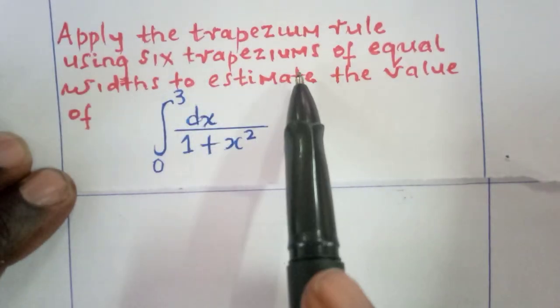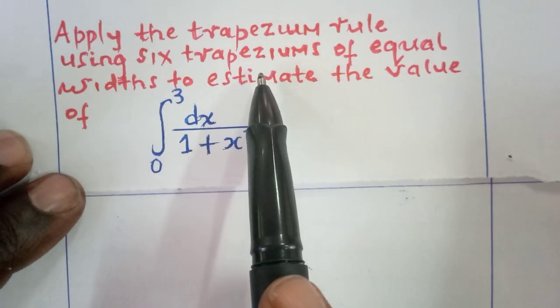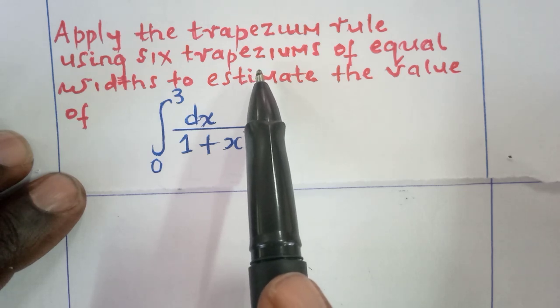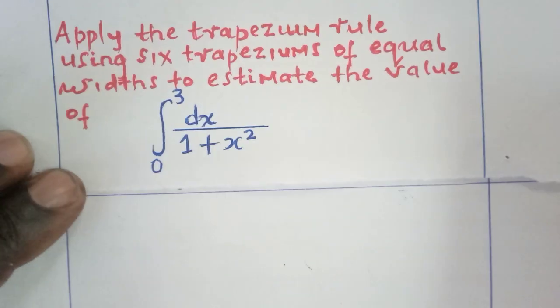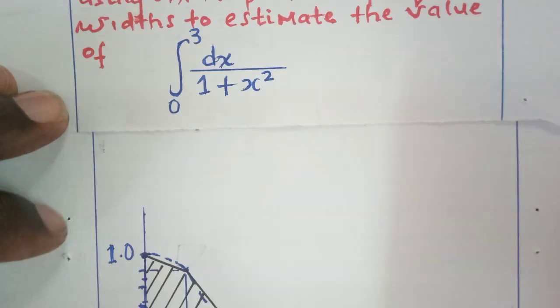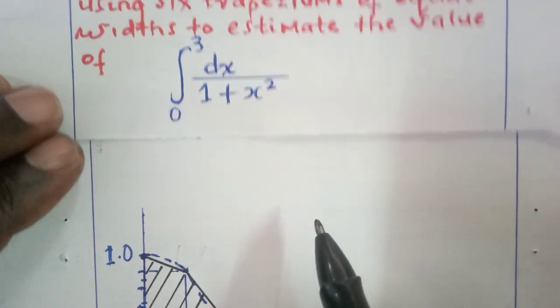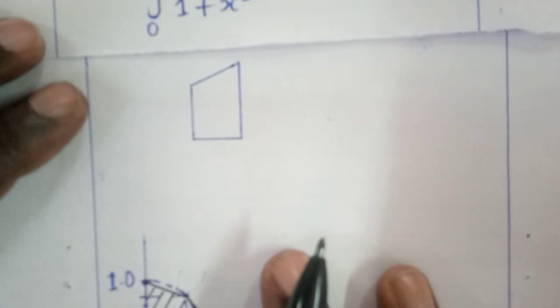And before we look at the trapezium rule, we can remind ourselves of how we look for the area of a trapezium. I have my trapezium here, something that looks like this.